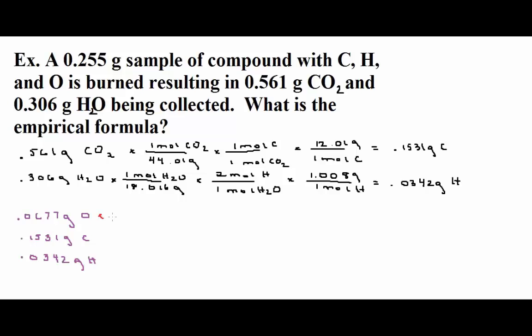So to convert from grams of oxygen into moles of oxygen, I need to use the molar mass, which is 16.00 grams. And when I divide, what I get is 0.0042 moles, 4 decimal places out. I'm going to keep going. I'm going to get into moles of carbon, so 12.01 grams.